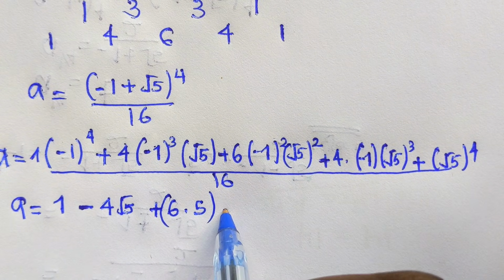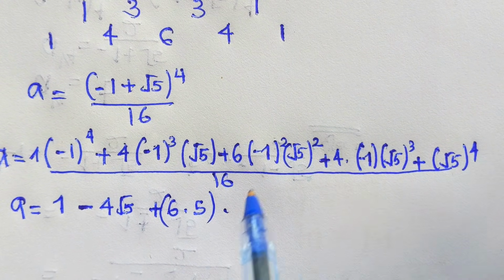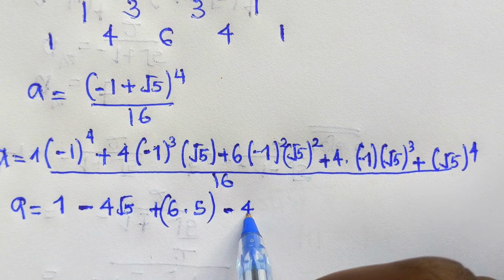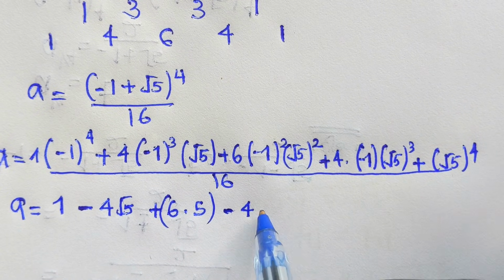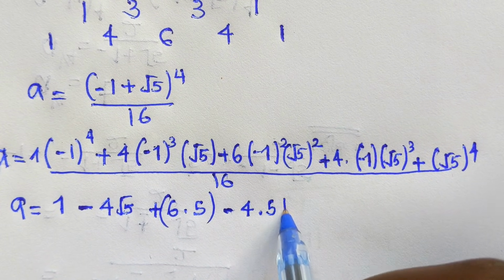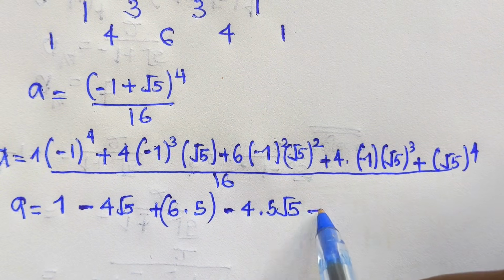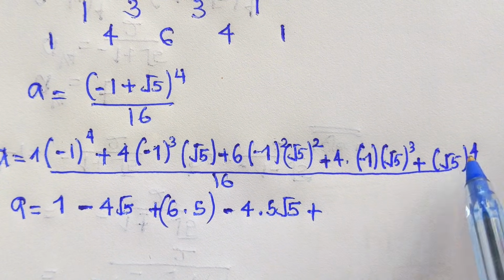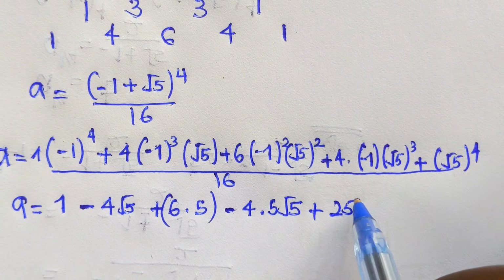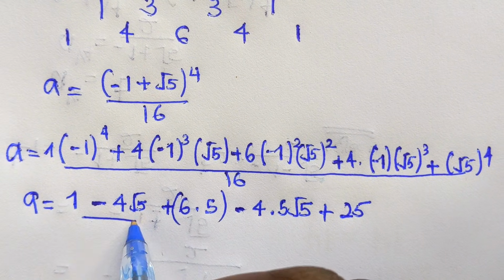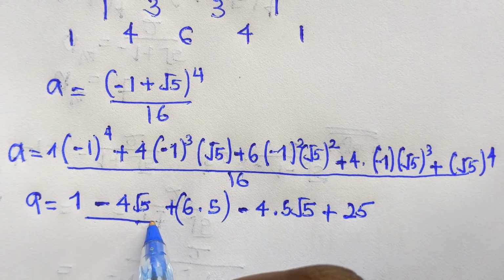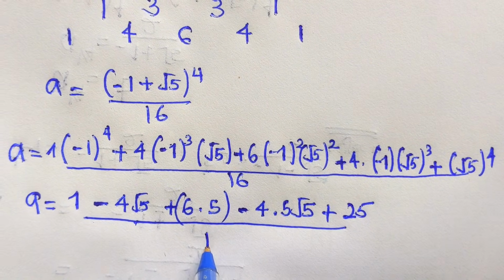Then here we have negative 4 times 5 square root of 5, then plus 5 times 5, equals 25, and down here we have 16.